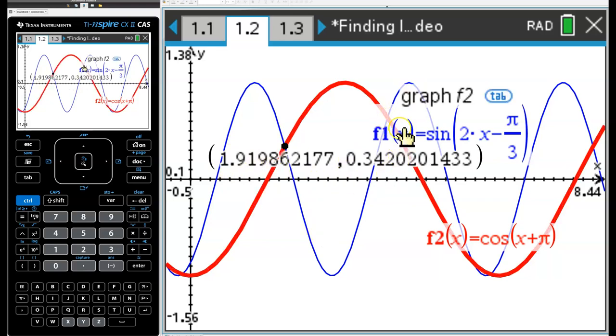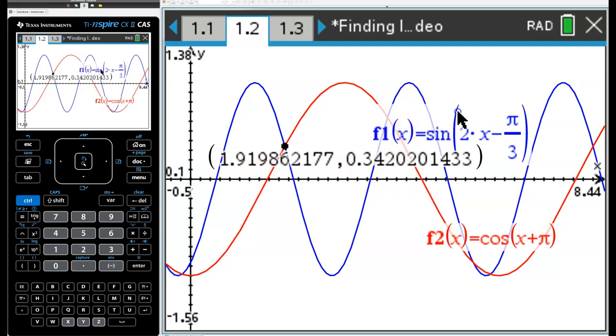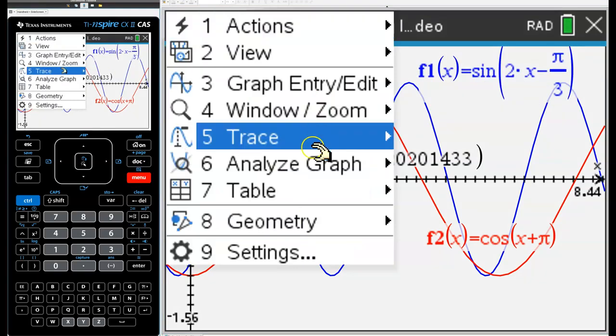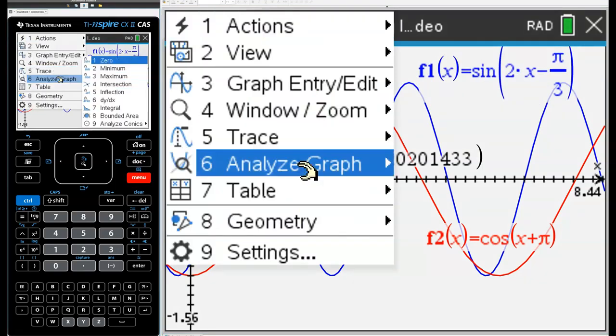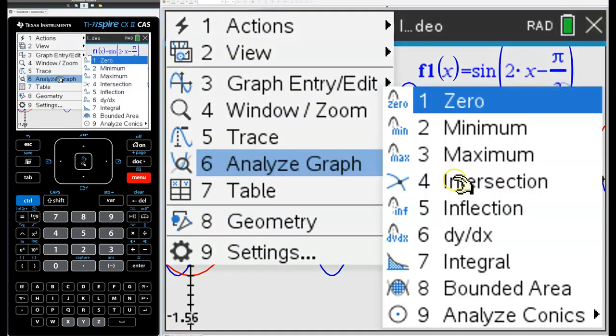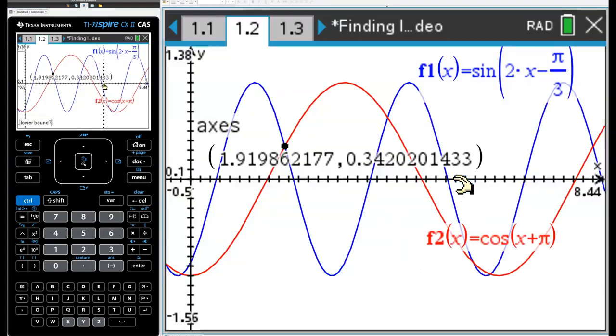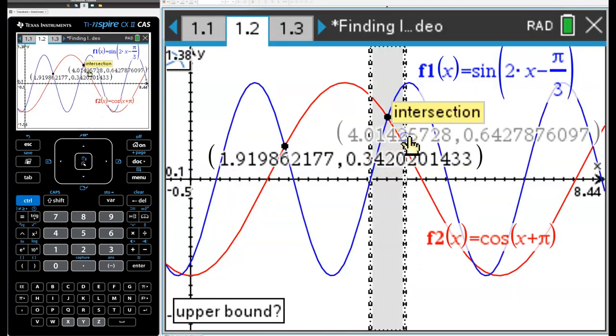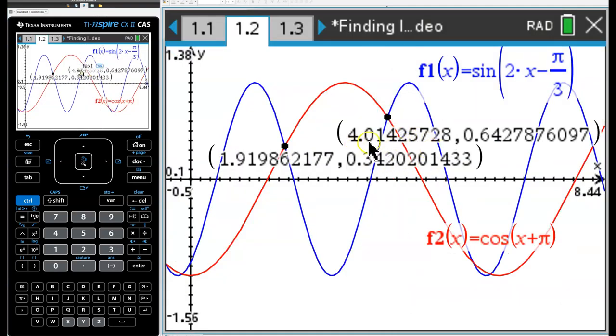I'm going to find the next intersection. I'm going to move this function title out of the way. So here we go. Menu, Analyze Graph, and Intersection. I'm going to go left and then right. Okay, so 4.014.